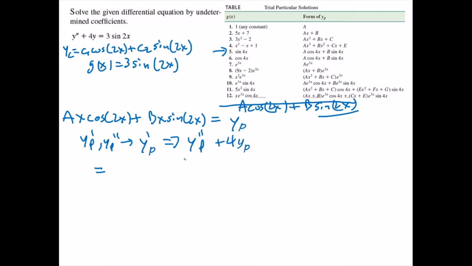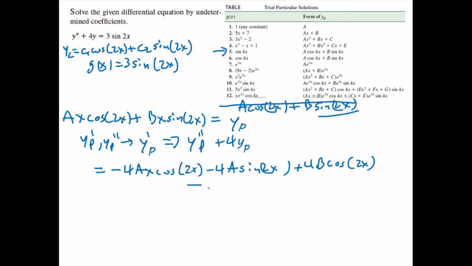So we can easily verify that y double prime sub p will be minus 4ax times the cosine of 2x minus 4a times the sine of 2x plus 4b times the cosine of 2x. And then we're going to have a minus 4bx times the sine of 2x.